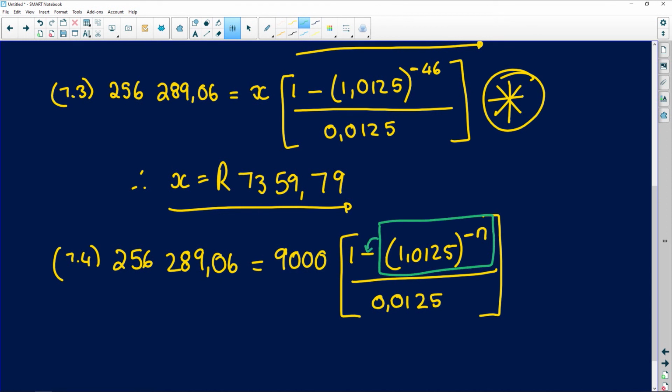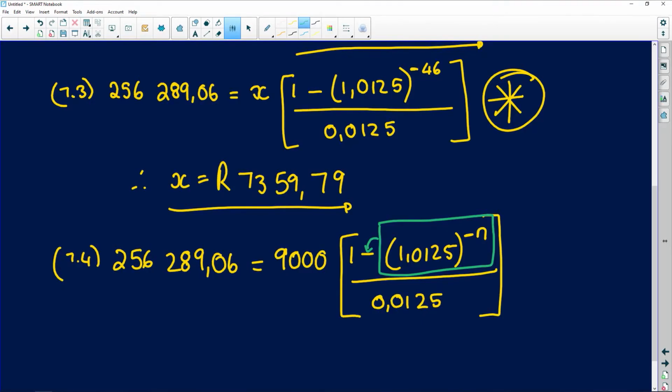How am I going to do that? I'm going to take the right-hand side, divide it by 9,000, times it by 0.0125 and subtract 1. That divides into this. Then I multiply that across, and then I throw the minus 1 over.